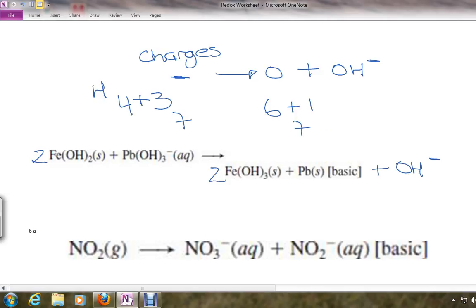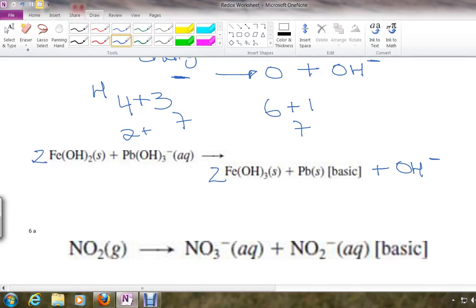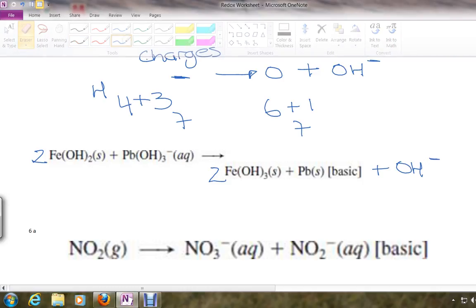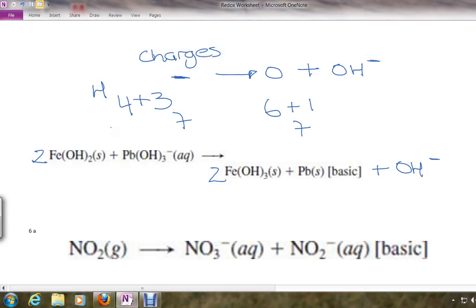We have balanced that. Let's double check the oxygen. It should be balanced too. If it's not balanced, then you got something wrong. 4 oxygen here, 2 by 2, 4, plus 3 equals 7.